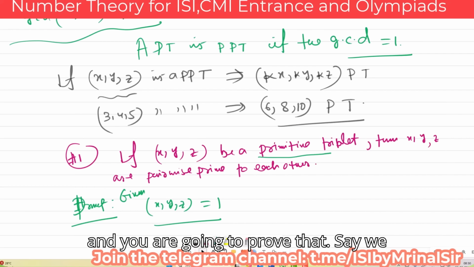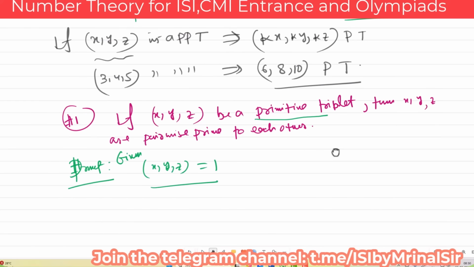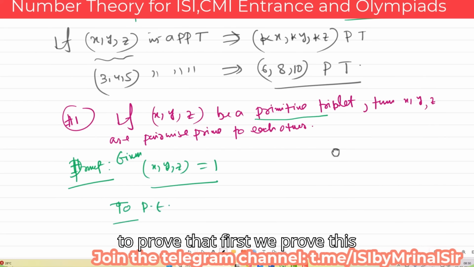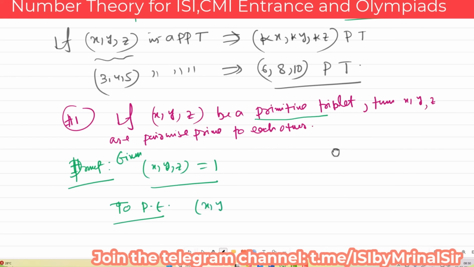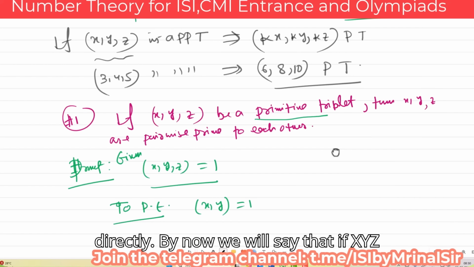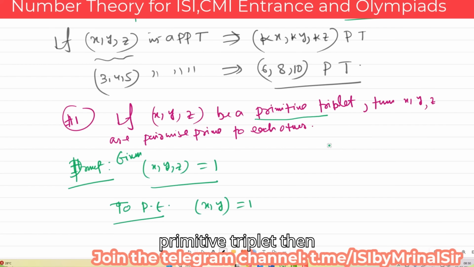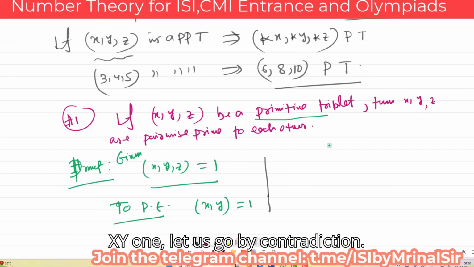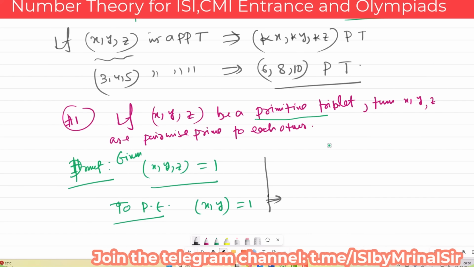We are going to prove that, first, GCD of x, y equals 1. If x, y, z is a primitive triplet, then the GCD of x, y is 1. But how to prove it here? Since we have to prove GCD of x, y is 1, let us go by contradiction.